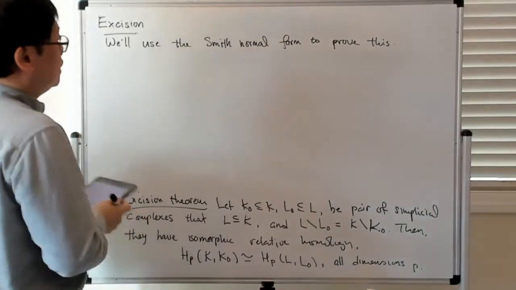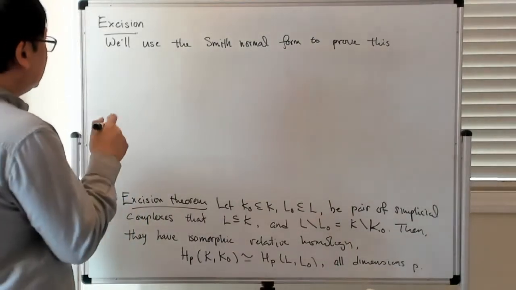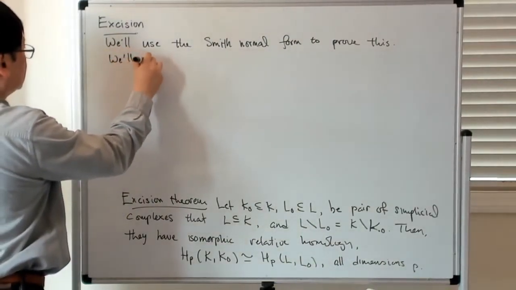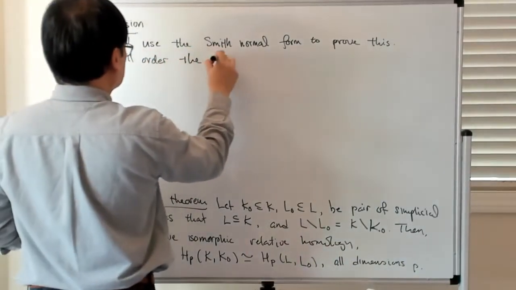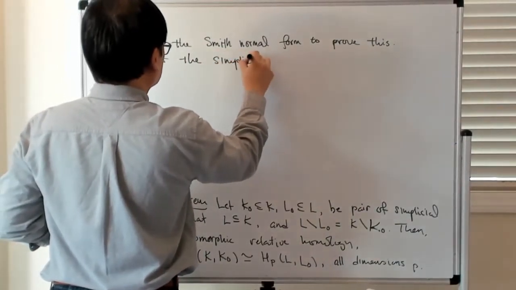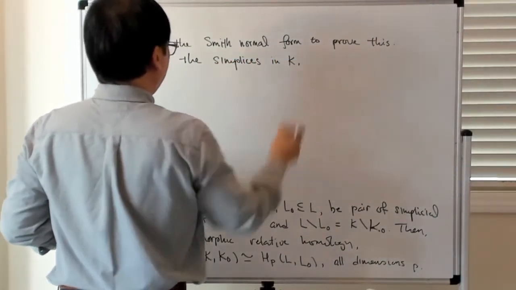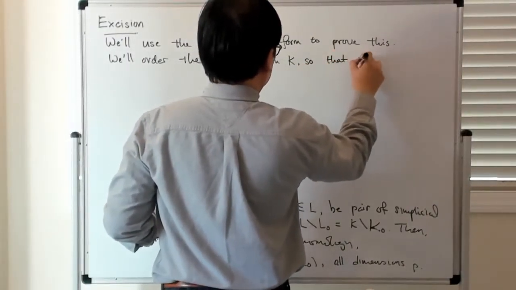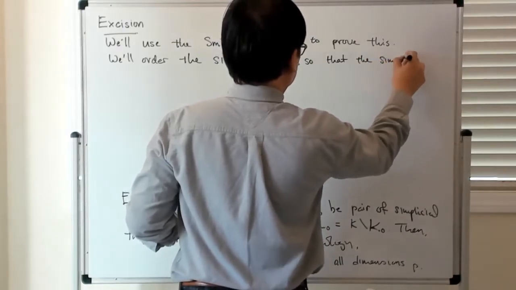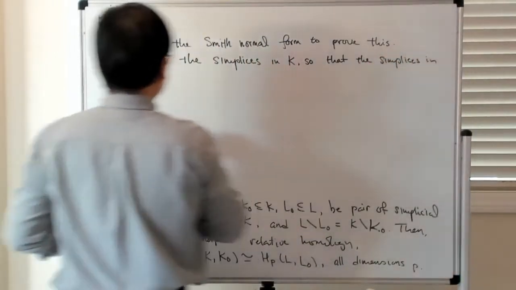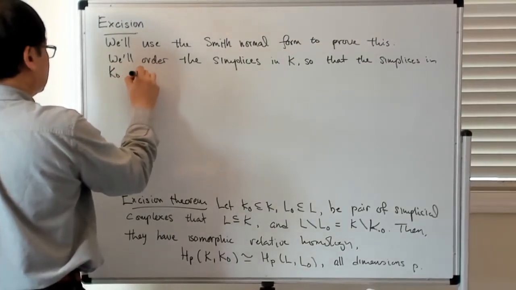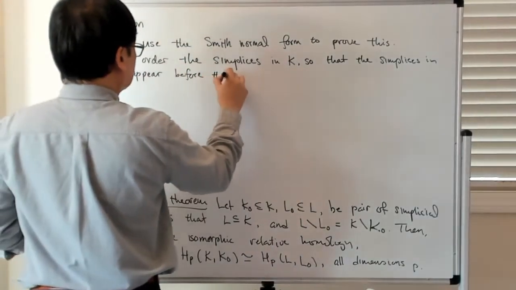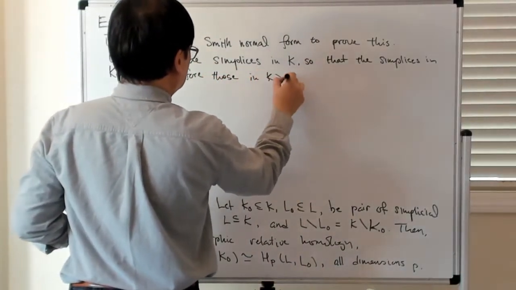And so the first thing we do is order the simplices in K so that the simplices in K0 appear before those in K excluding K0.